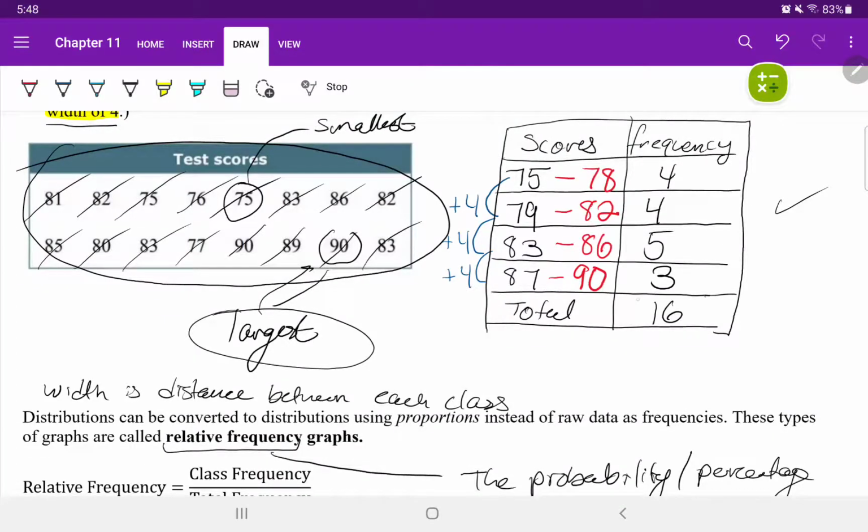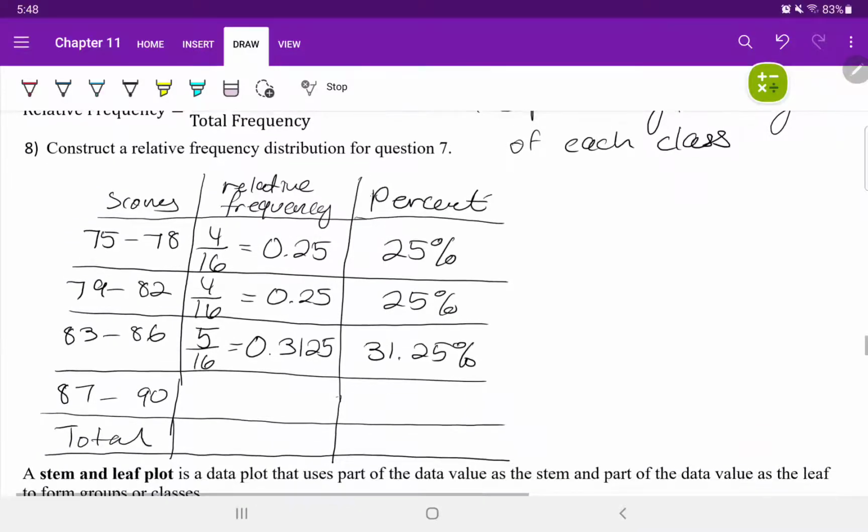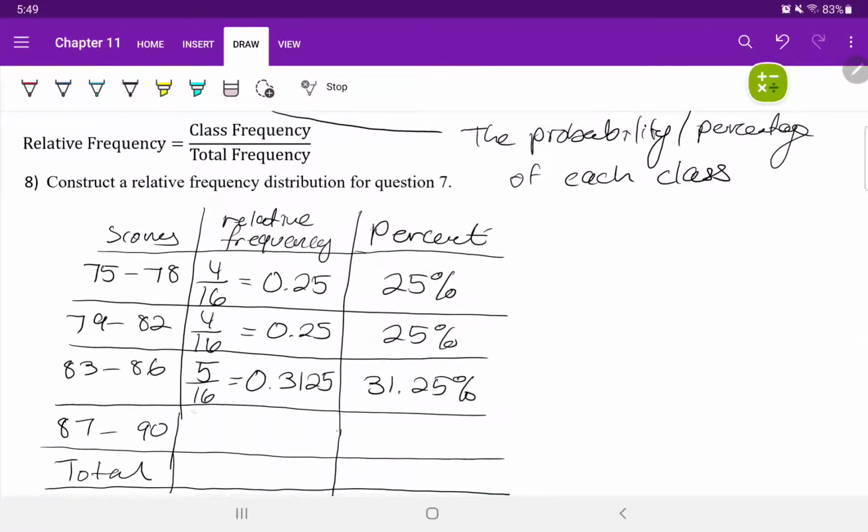And the last class had a frequency of 3. So that is going to be 3 divided by 16, which is 0.1875, or 18.75%.